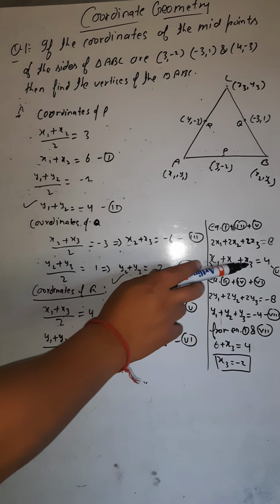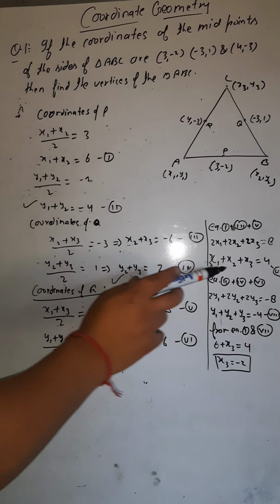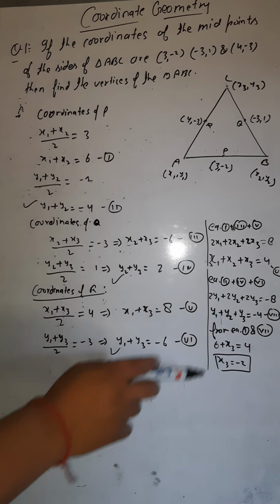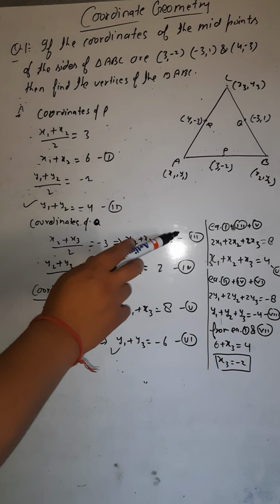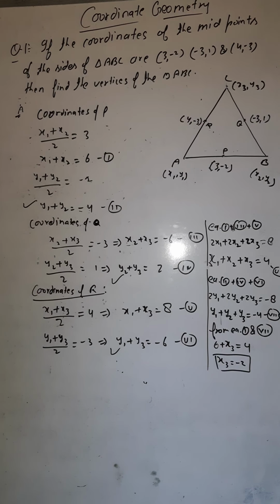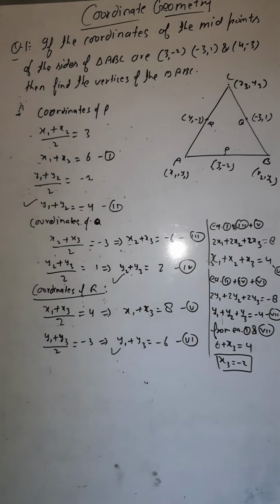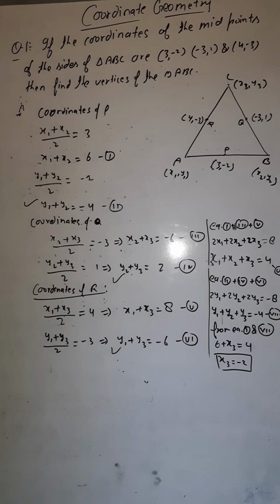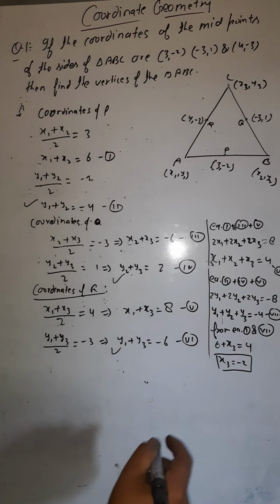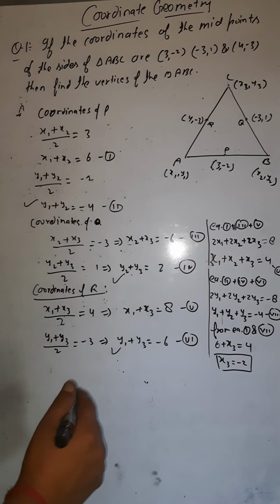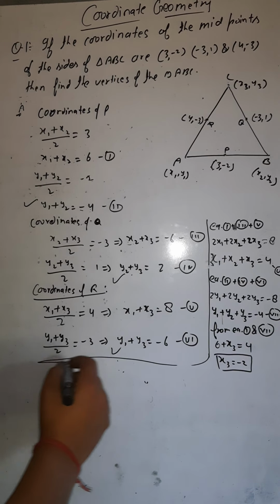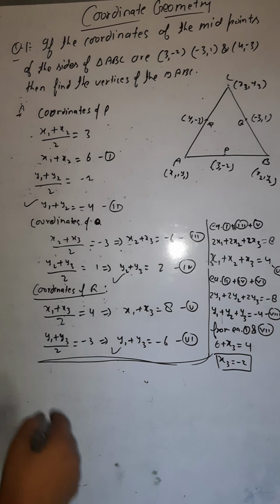So in place of x2 plus x3 I would write minus 6. So I'm writing it here from equation number 3 and 7.